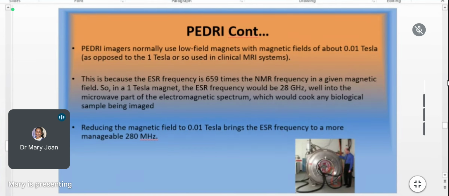So in a 1 Tesla magnet, the ESR frequency would be 28 gigahertz, well into the microwave part of the electromagnetic spectrum, which would cook any biological sample being imaged. And reducing the magnetic field to 0.01 Tesla brings the ESR frequency to a more manageable 280 megahertz.